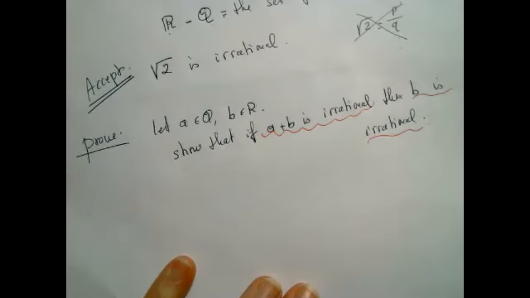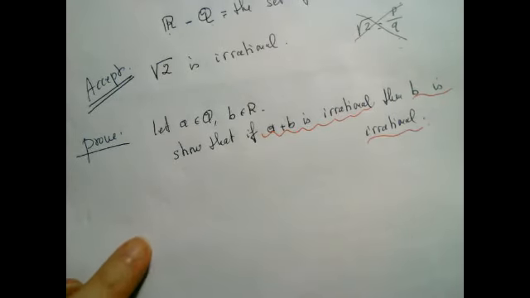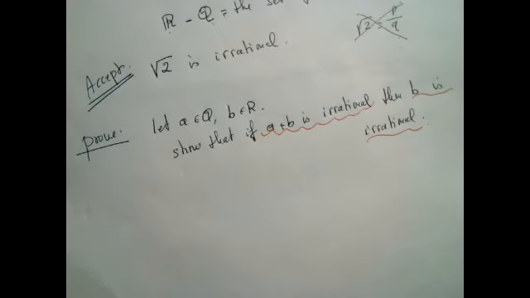Anybody else? Did you try direct? I tried contrapositive because I think it's simpler to use rational numbers to prove than irrational, because we have a better understanding of the form of a rational number. Good point. Irrational means it's not rational, which is already a difficult issue.